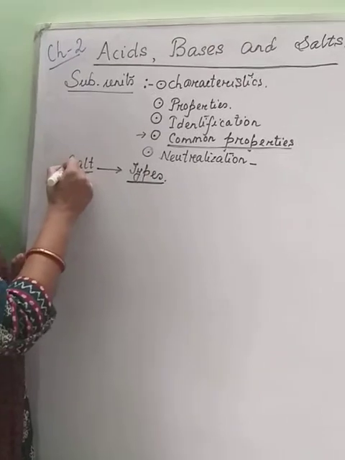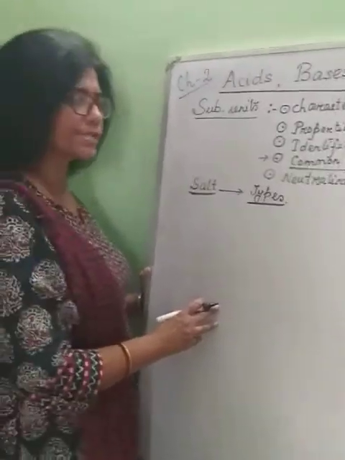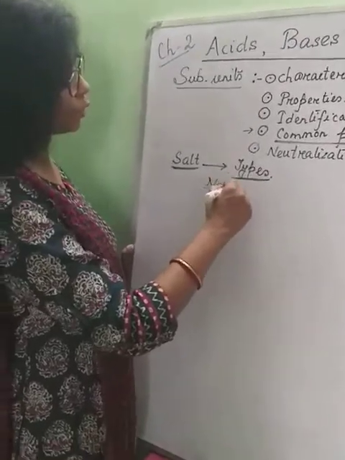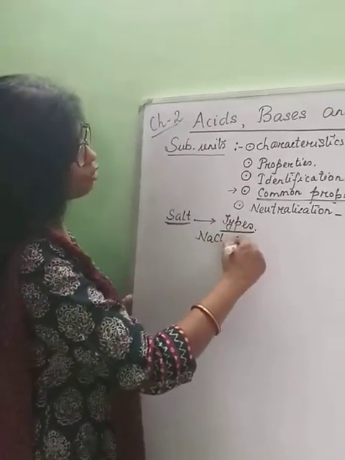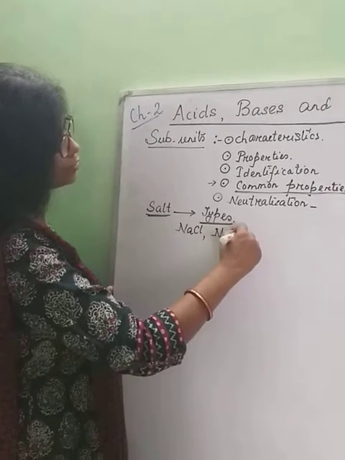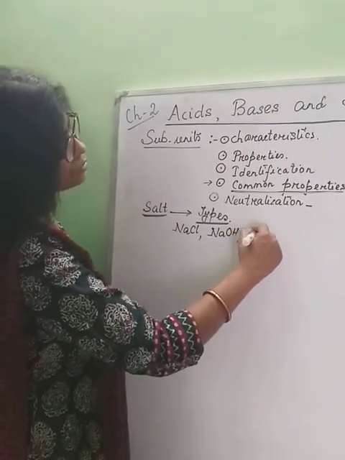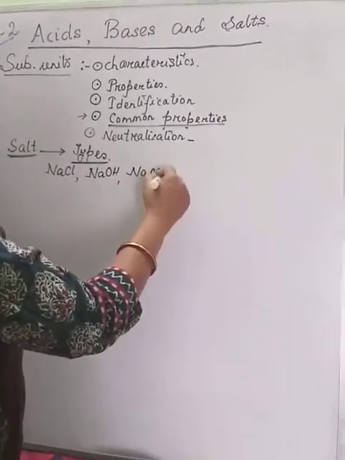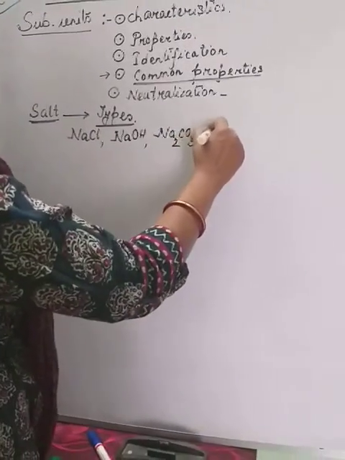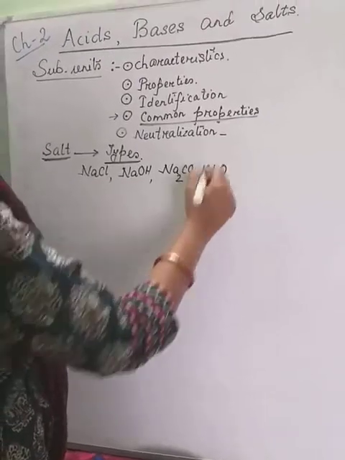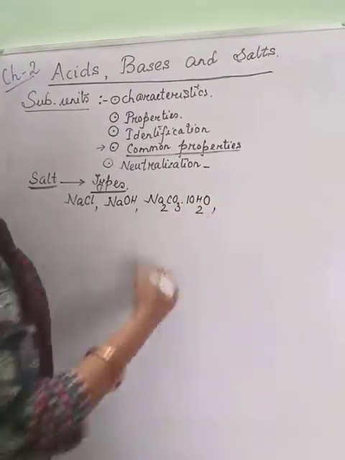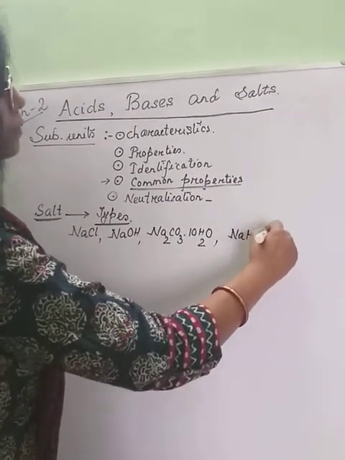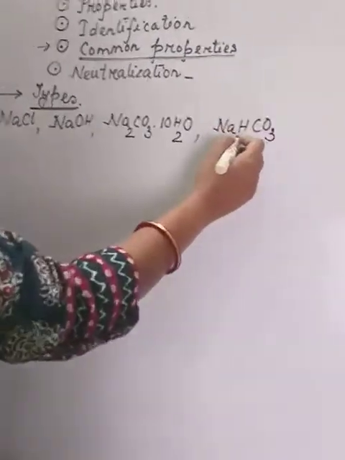Some of the commercial substances' preparation also we will see, that is sodium chloride, caustic soda, sodium hydroxide, sodium carbonate decahydrate, what we call washing soda, sodium hydrogen carbonate, or we call it sodium bicarbonate.